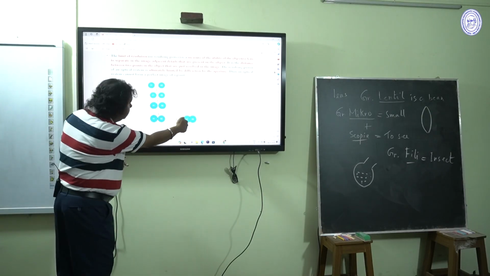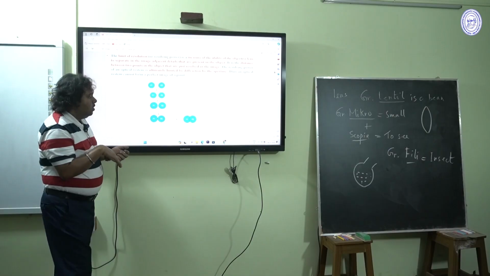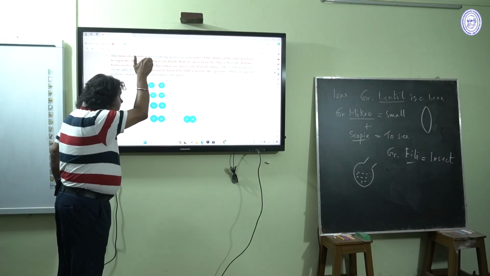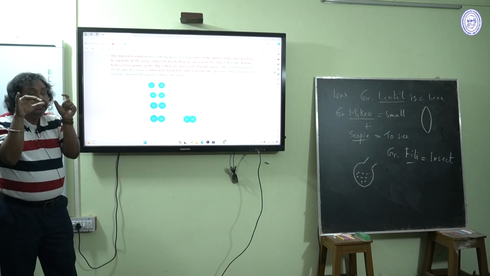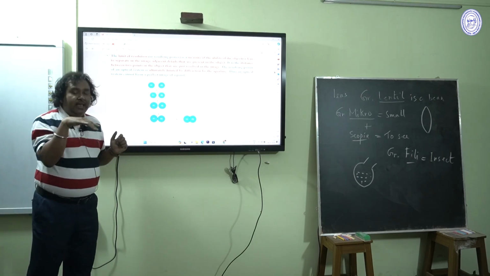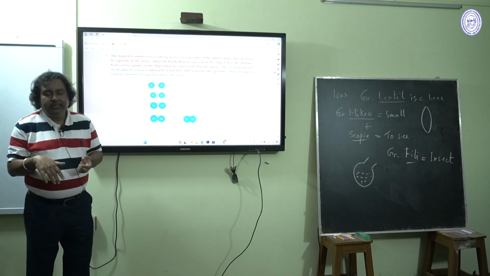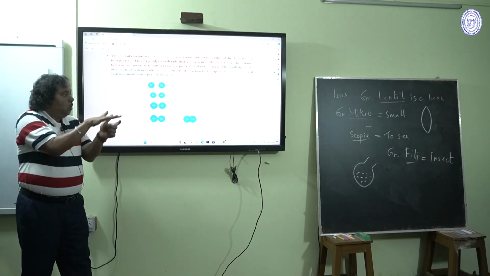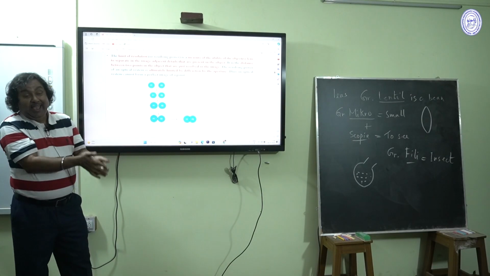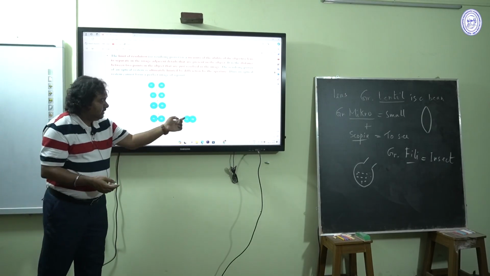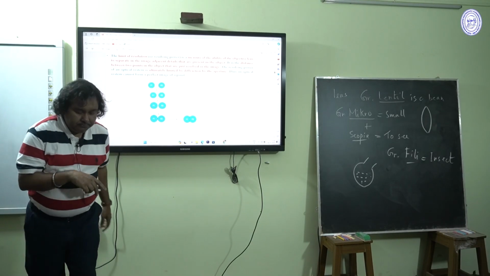But here the 2 points are overlapped. That means our naked eye is not able to distinguish between the 2 separate points. In that case, we have to use a microscope.